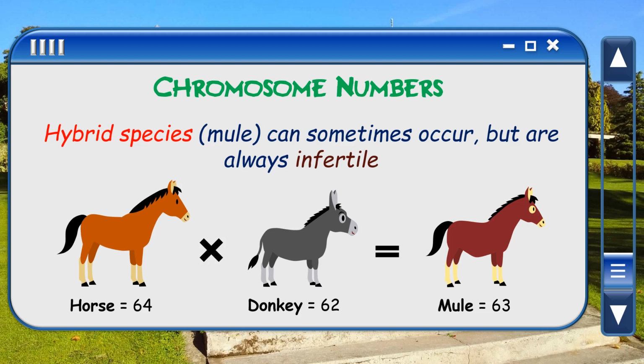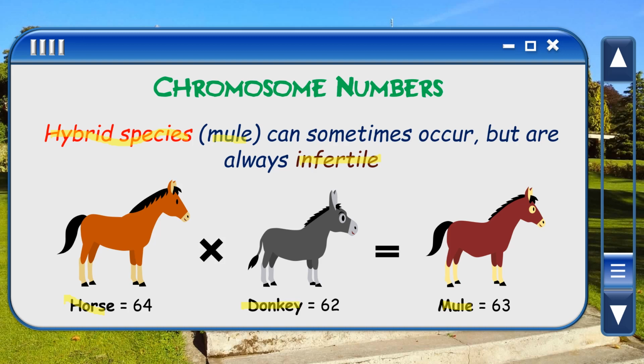Hybrids, we have hybrids. The hybrid species, that is the mule. A mule is a hybrid species. Hybrids can sometimes occur, but are always infertile. A mule is coming from a horse breeding with a donkey. But the mule now becomes a hybrid.